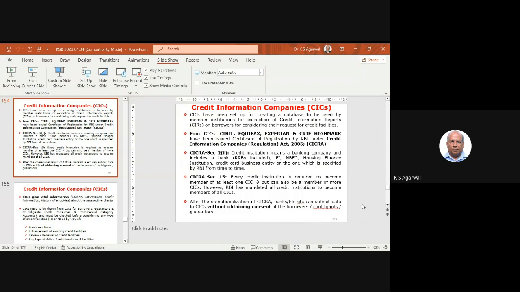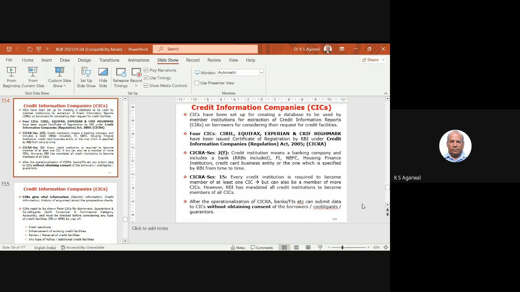A credit institution means a banking company, including a bank, RRB, FI, NBFCs, credit card, housing finance business, or any other specified by RBI from time to time. So RBI has a very big discretion to include any institution within the meaning of Section 2F.